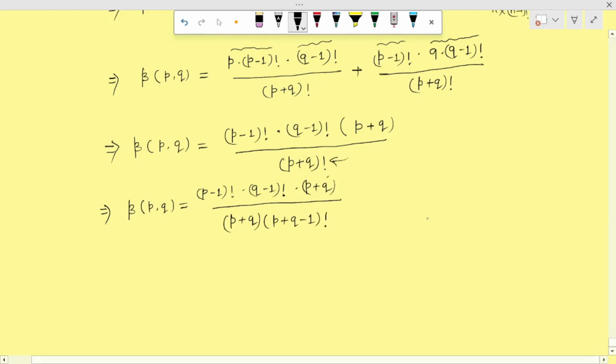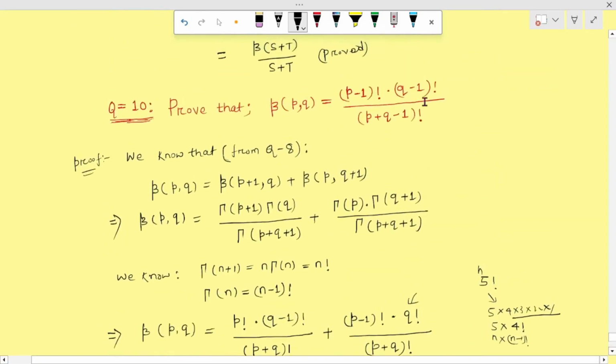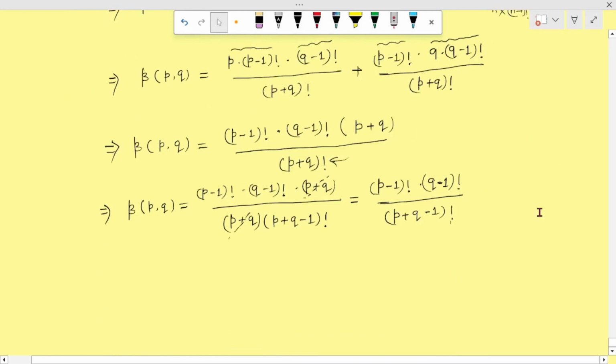So here (p+q) got cancelled, and we found (p-1) factorial into (q-1) factorial divided by (p+q-1) factorial. I think we have proved it here. Beta(p, q) equals (p-1) factorial (q-1) factorial by (p+q-1) factorial. Yes, hence proved.